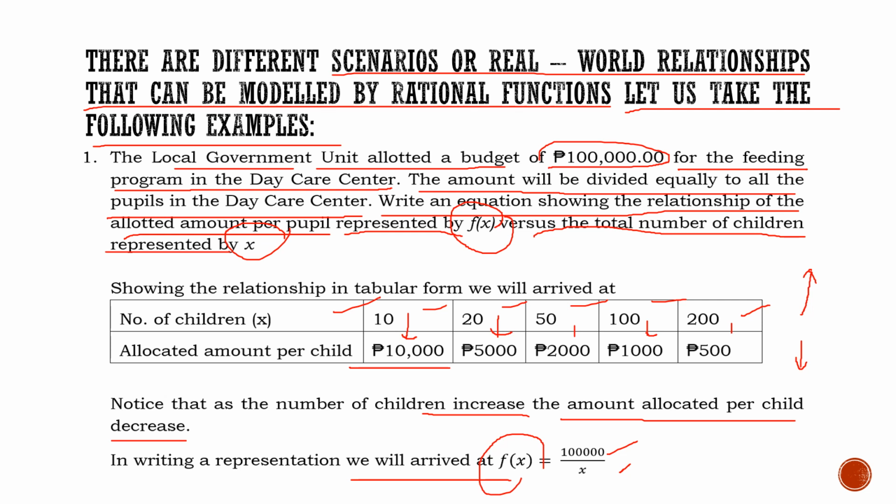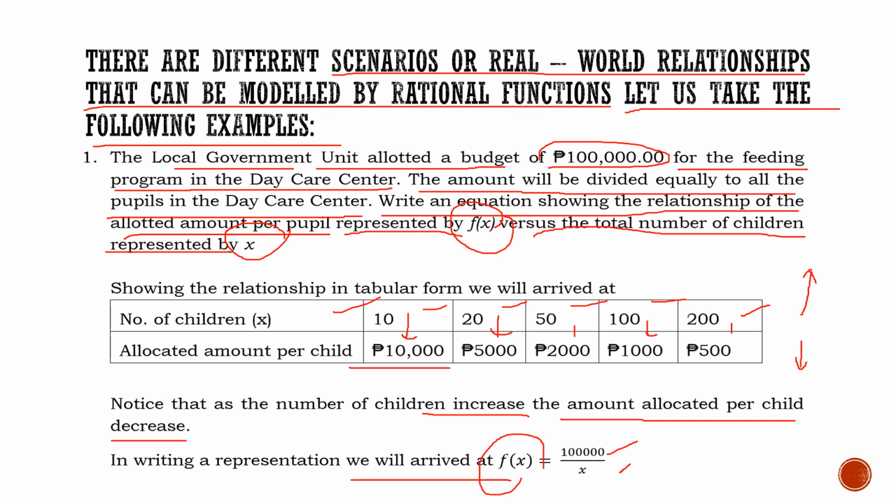Since the allotted budget for this feeding program is 100,000, we need to divide this 100,000 by x, the number of children who will be beneficiaries of these 100,000 pesos.